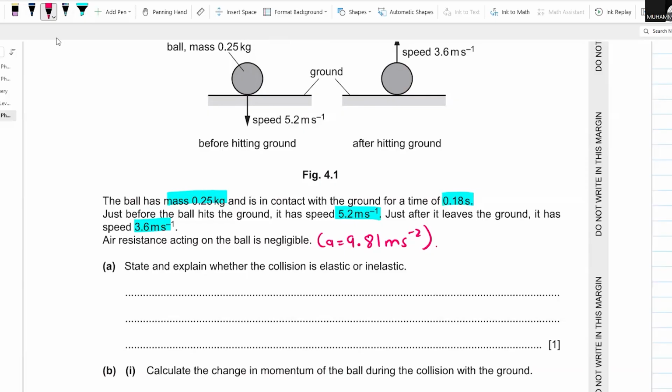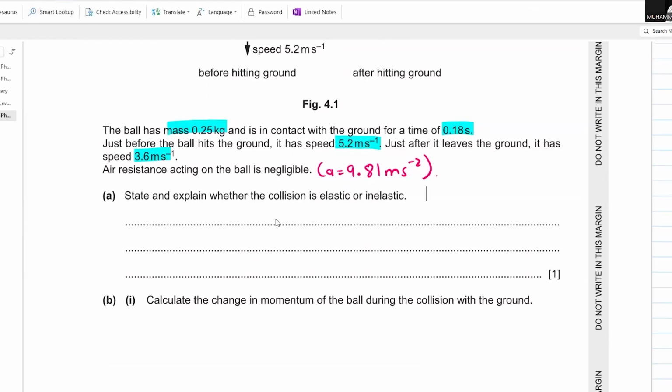You have to state and explain whether the collision is elastic or inelastic. How will you do that? So what will you say?